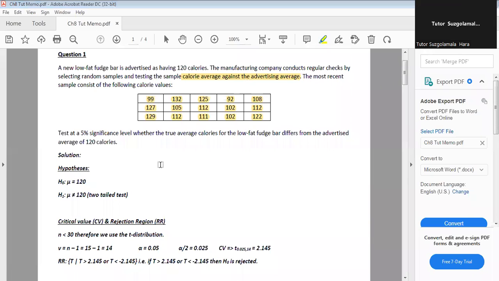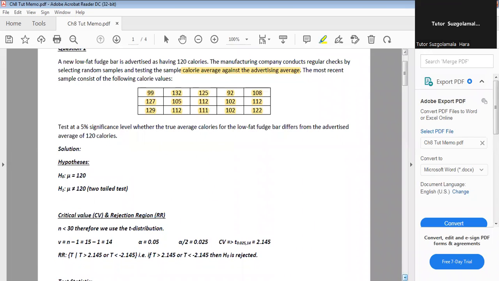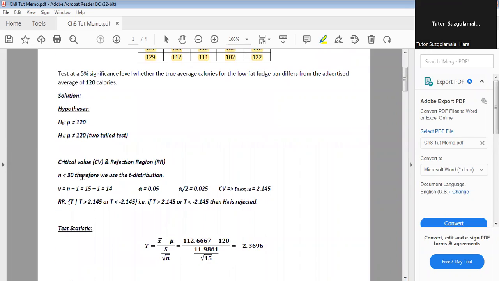So we already established that our N is less than 30, thereby we're going to use T distribution. Because it's T distribution, you have to find N minus 1. Our N is 15, so 15 minus 1 is 14. You check on your table what your alpha is.